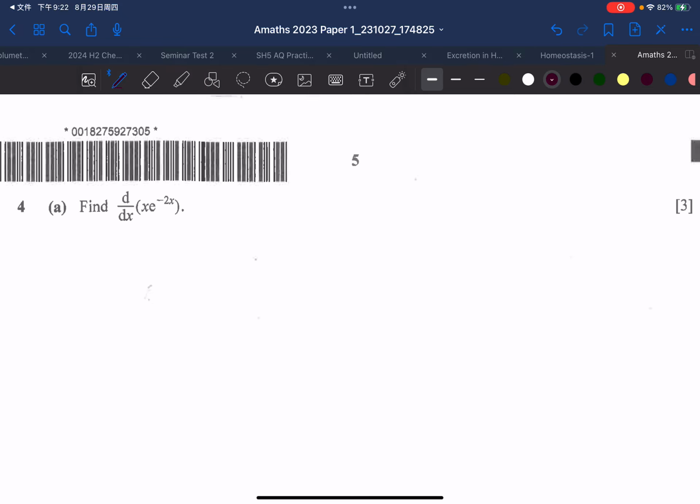Differentiation, I believe that you are very aware that this is just straight away product rule. Okay? So, product rule, let u be equal to x, let v be equal to e to the negative 2x. du/dx will be equal to 1, and dv/dx will be equal to negative 2e to the negative 2x.